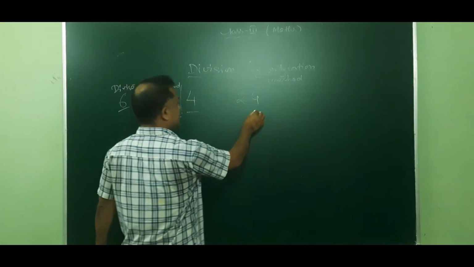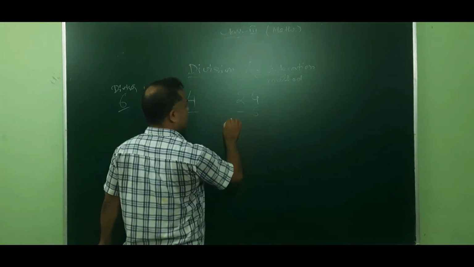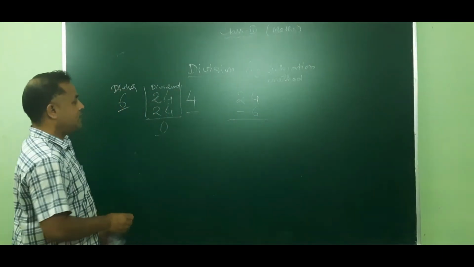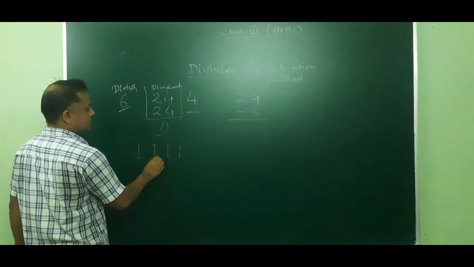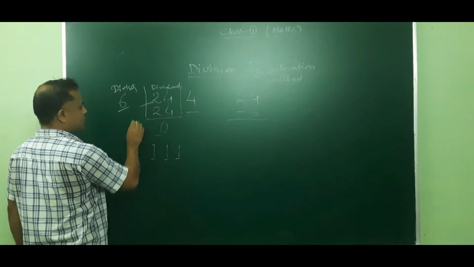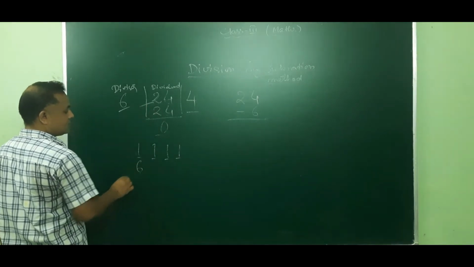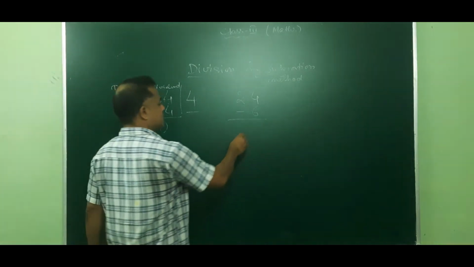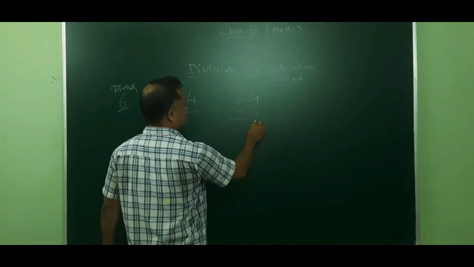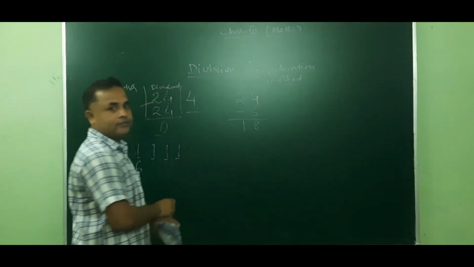So what we do here is subtract 6 each time. That means I am giving 6 to each of 4 persons. From this 24, first I have given out 6. So how much remains? 18.